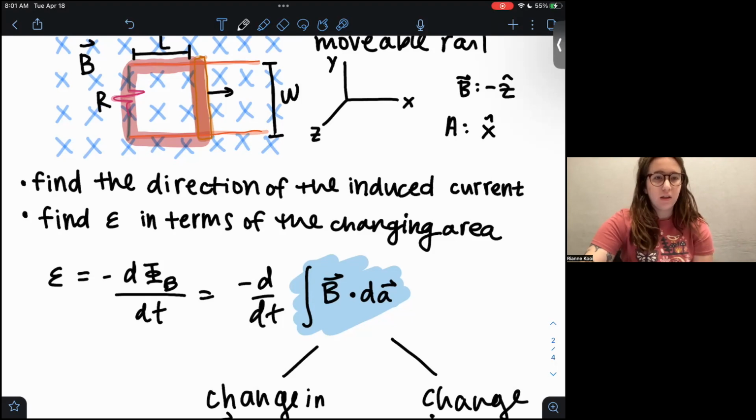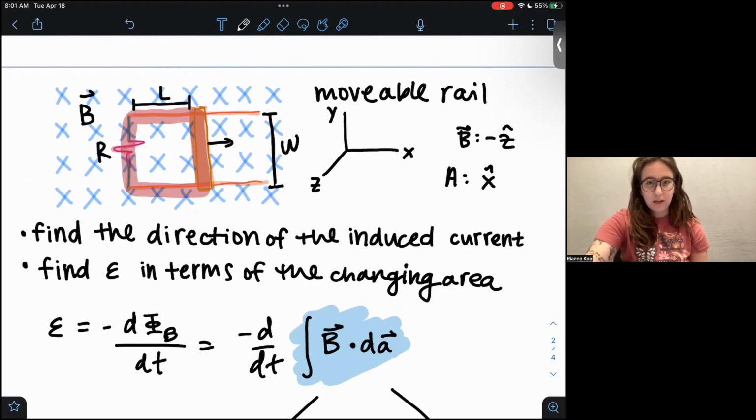So for example, if we were to increase the area of the loop that we have right here, then our induced current will want to oppose that.